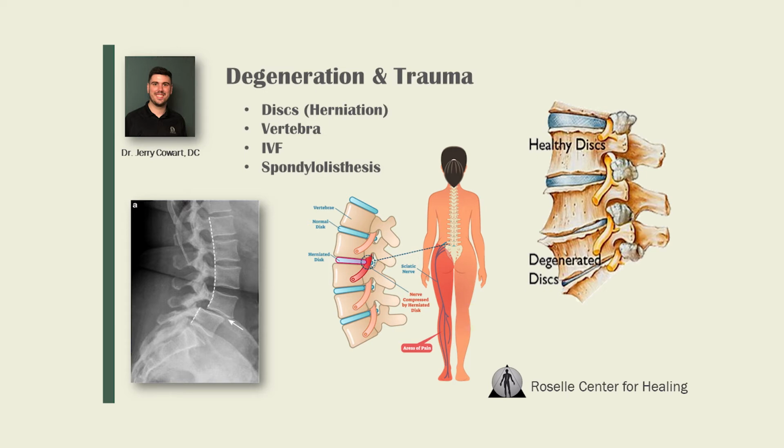So if we look all the way to the right-hand side, the white picture that says healthy disc, degenerated disc. The reason why we can have sciatica with a degeneration of a disc is, if you look at the bone that says healthy disc, it's a nice healthy bone. If you look at the disc above it, you can see the striations where everything is intact. It's got good height to it.